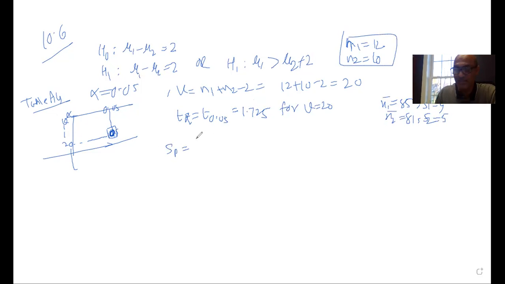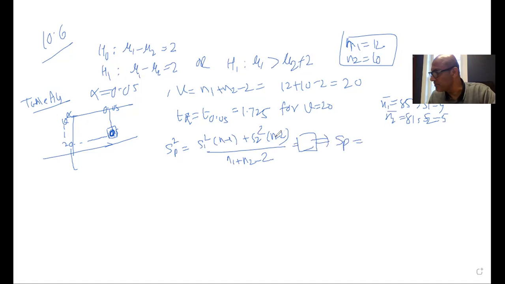SP square is S1 square times N1 minus 1 plus S2 square times N2 minus 1, divided by N1 plus N2 minus 2. If you plug in the values and take the square root, your SP value is 4.478.